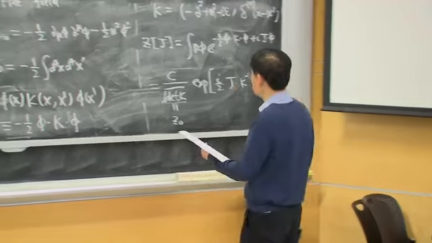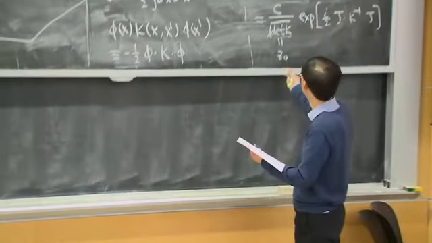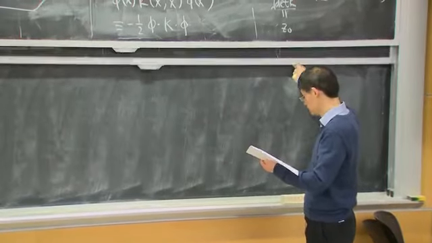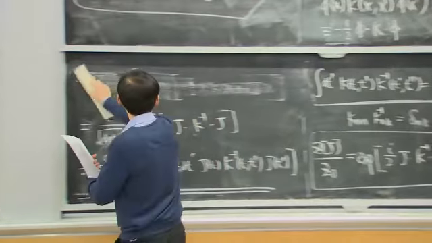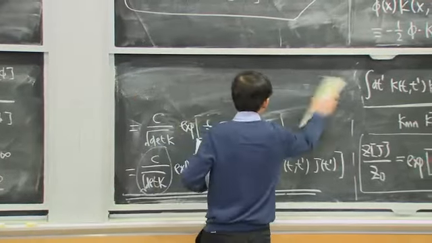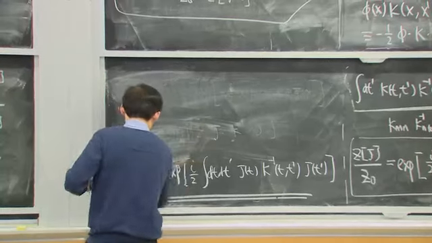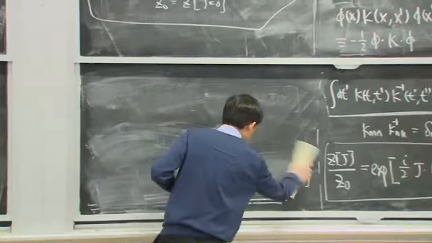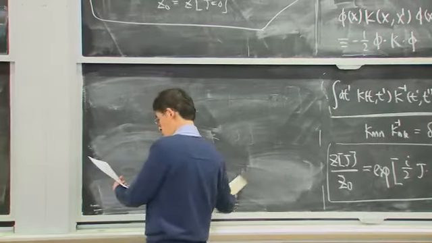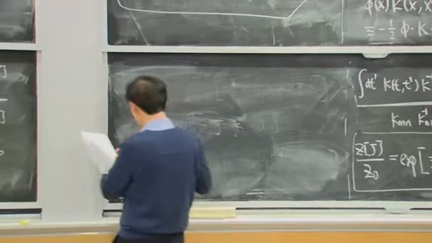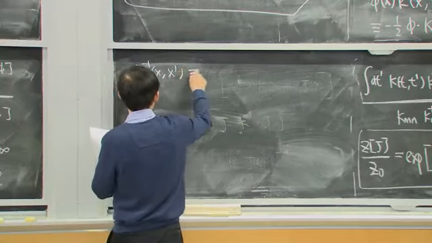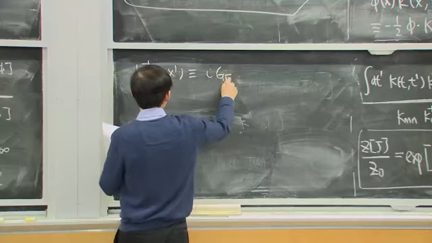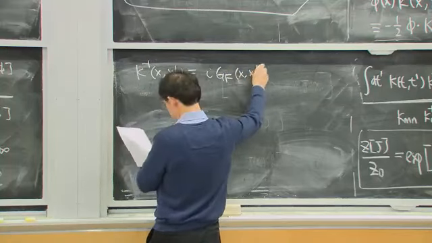So in this case again we find that K⁻¹(x,x′) equals i G_F(x,x′).